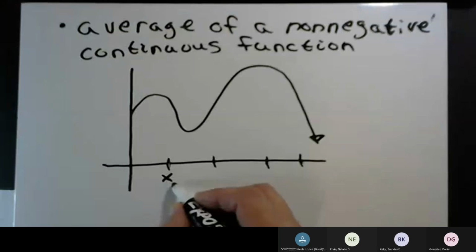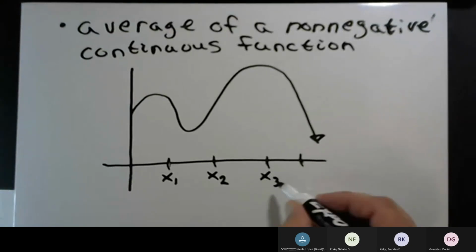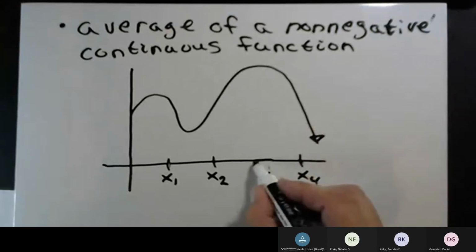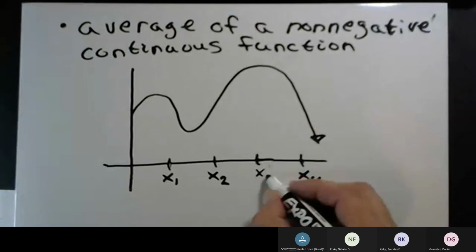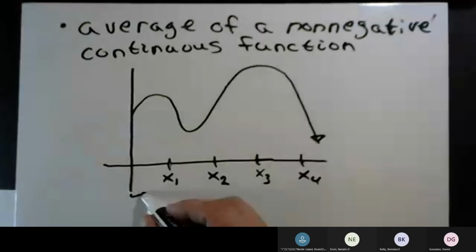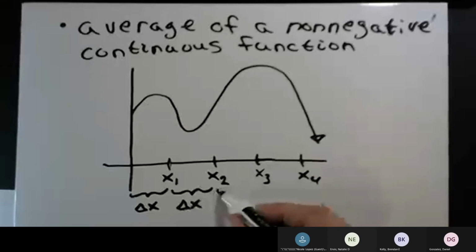Call this x1, x2, x3, and x4. This needs to be a little more in the middle. And let's say these are divided evenly. Like this is delta x. It's all the same width, delta x.